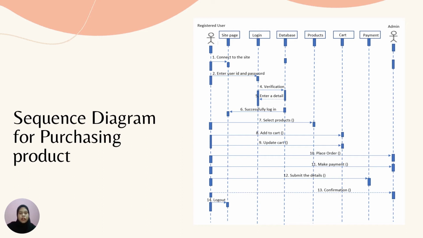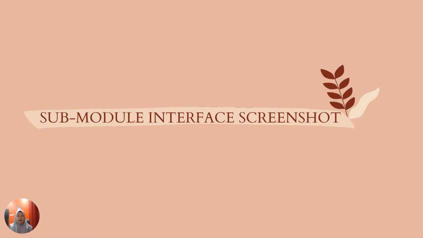The database authorizes the user and gives permission for login. Then the user can select the product, add to the cart, or update the cart. After that, the user can place the order and make a payment for the product. Lastly, the user needs to confirm with the admin to proceed with the purchase of the product.